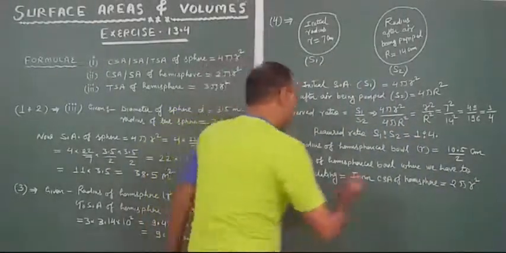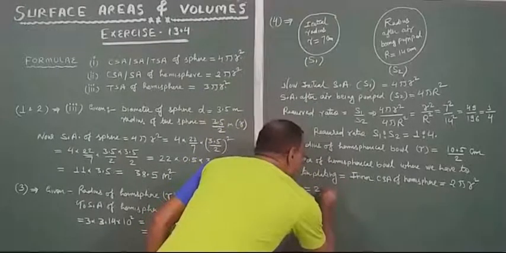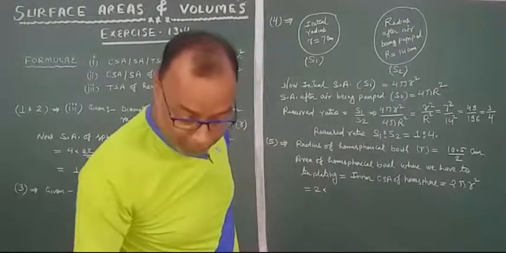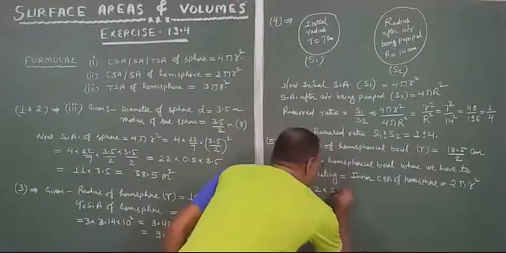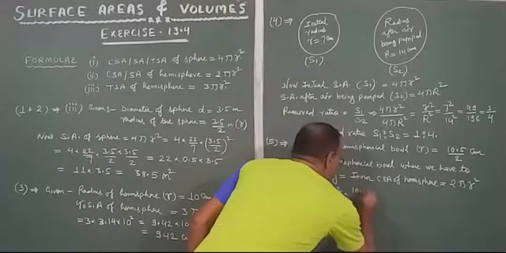Now just put all the values. The value of pi is not given in this question, so this will be 2 into 22 upon 7 into the radius square.